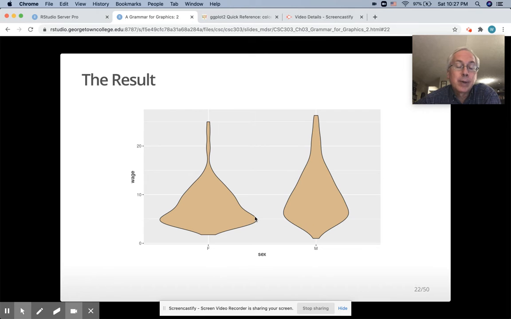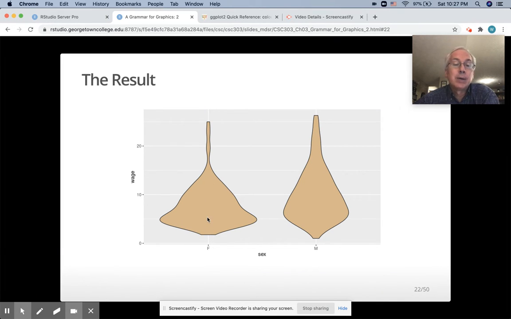I talked about this a little bit in class. Just very briefly, like a density plot, the width of this plot at any point is dependent on the number of observations that occur in a range around that value that's in this case on the vertical axis.